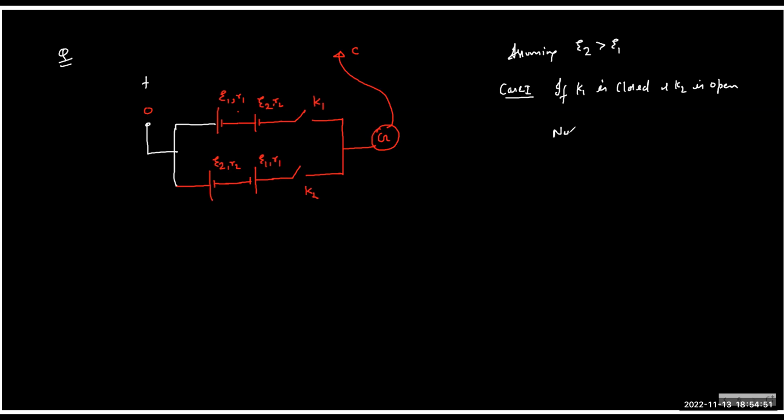And the null point, this is a new question. Null point is obtained at OC equals L1. What should the answer be here? If K1 is closed and K2 is open, it means the part of the circuit is the upper branch, and the null point will represent the equivalent of the two combination.